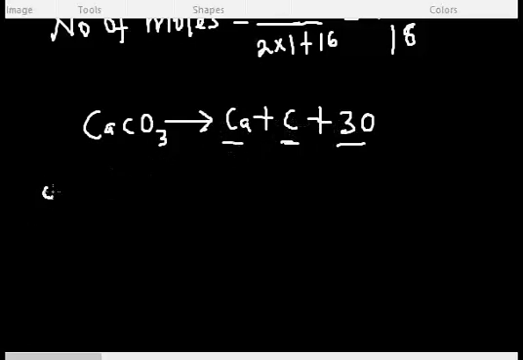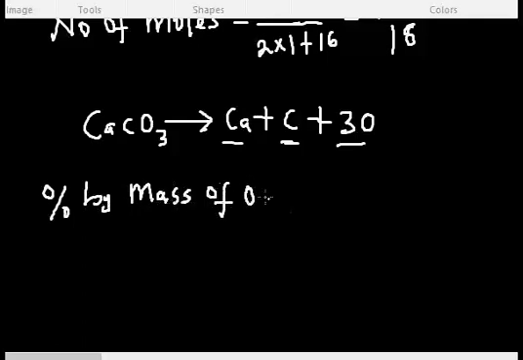For example, if you are asked what is the percentage by mass of oxygen, to do that is simple. Percentage by mass of oxygen is simply going to be the mass of the oxygen divided by the mass of the entire compound. Oxygen has three atoms here, so the mass of oxygen is going to be 3 times 16.